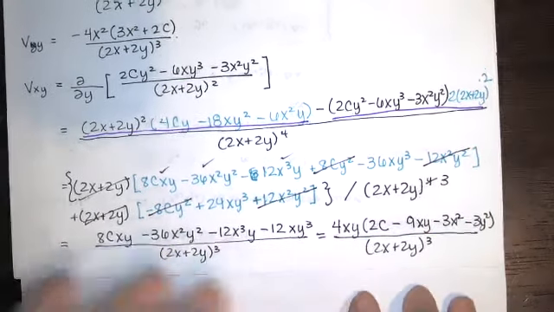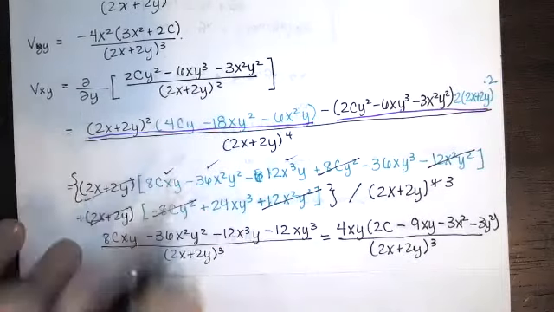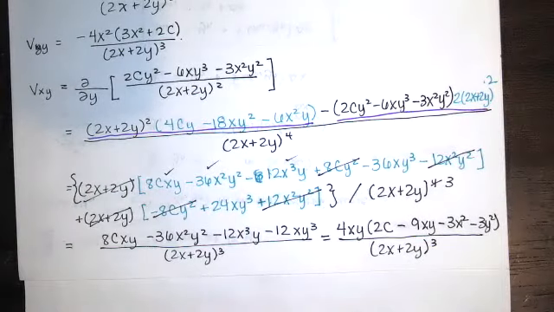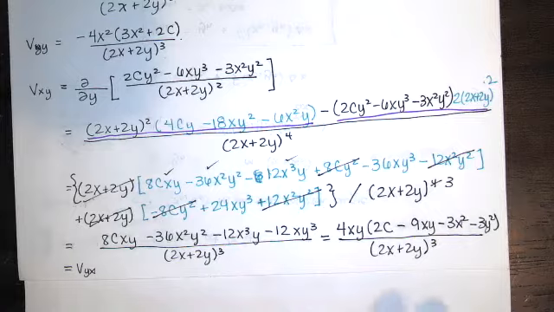Man, that's a lot. But now we've got this one. This is the partial of v with respect to x and then y. We could also find the partial of v with respect to y and then x, but it's going to be the same thing. So we'll just say that those are the same.